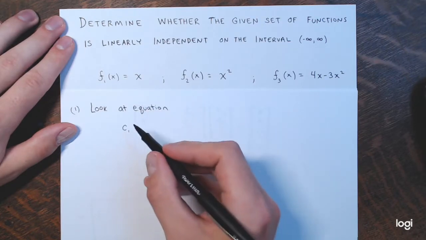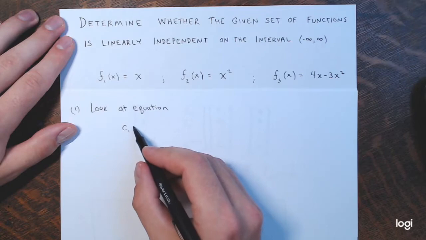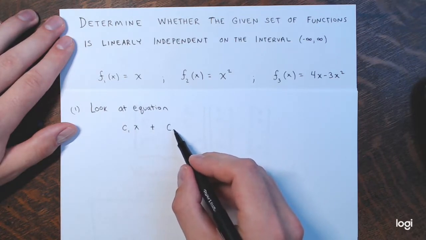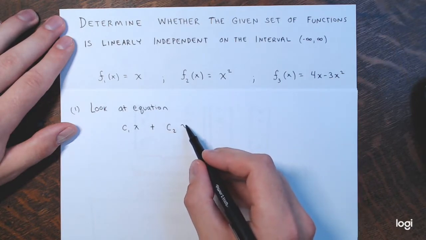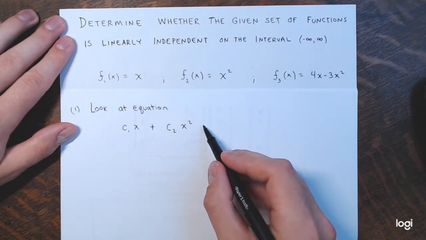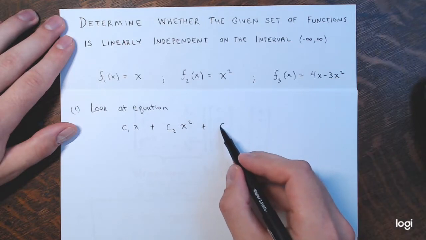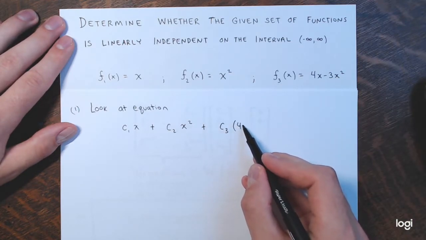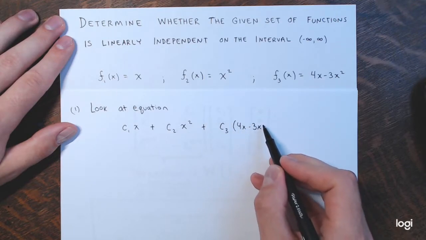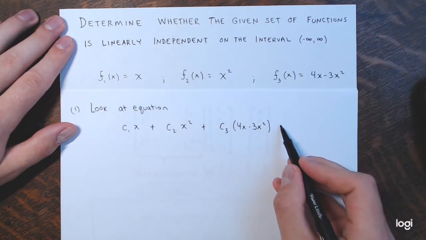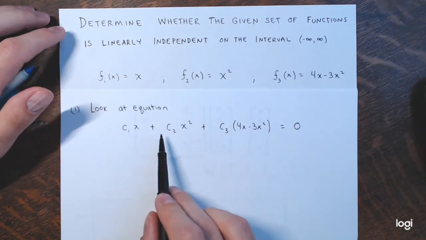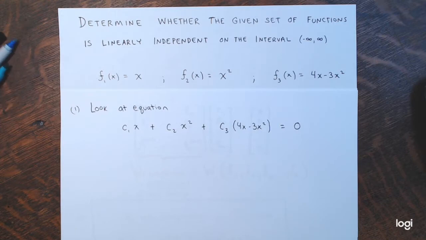C1 times f1, so c1 times x, plus c2 times f2, c2 times x squared, plus c3 times f3, which is c3 times the quantity 4x minus 3x squared, and ask when is that equal to 0? For what values of c1 and c2 and c3 could I get this left side to be equal to 0?